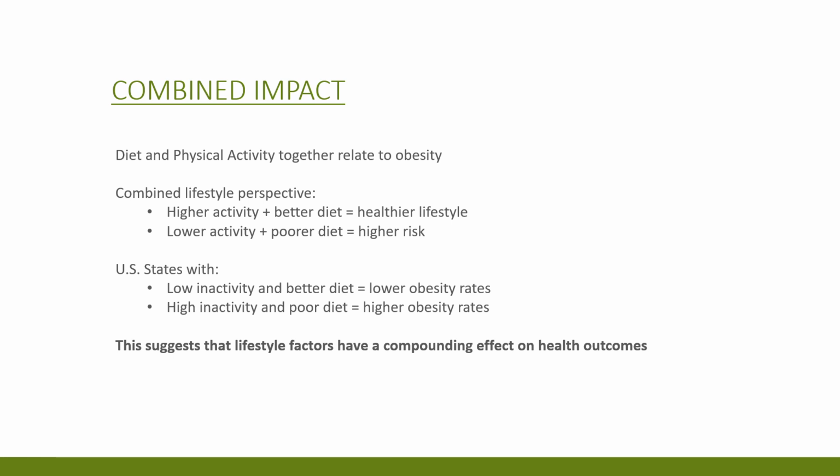The United States is plagued with this. Thus, low inactivity and better diet could lower obesity rates in the same way that high inactivity and poor diet has higher obesity rates. This suggests that lifestyle factors have compounding effects across our health outcomes.